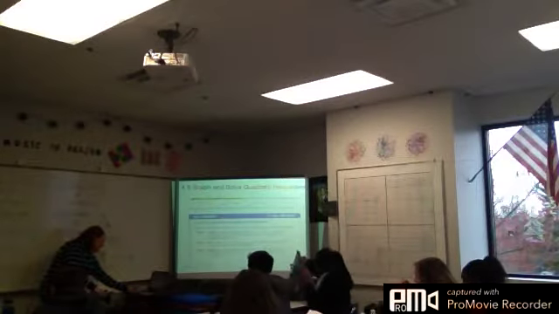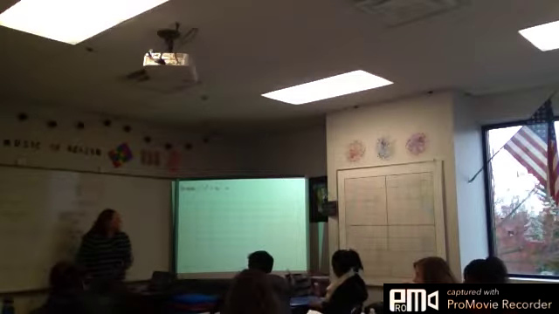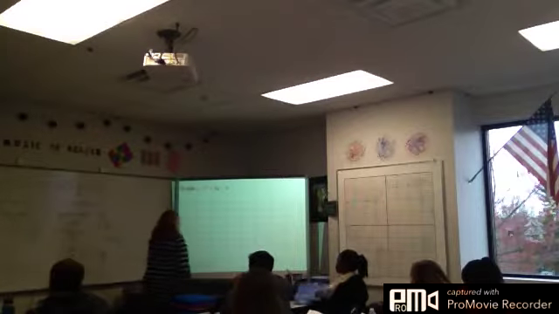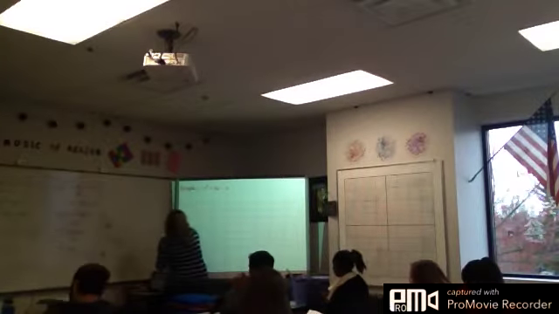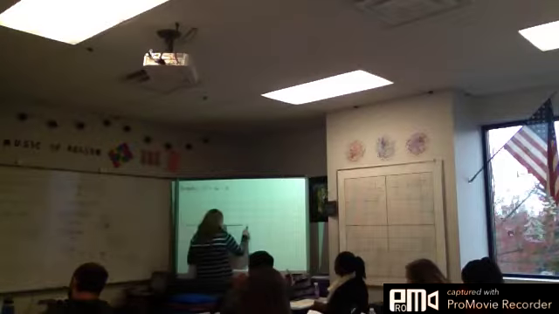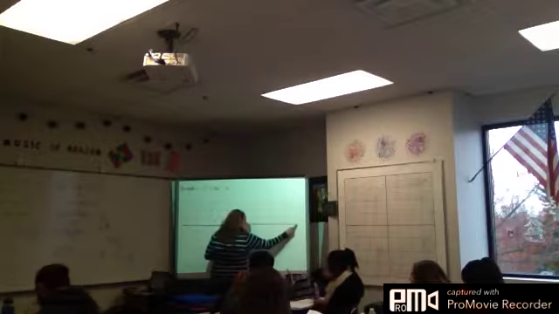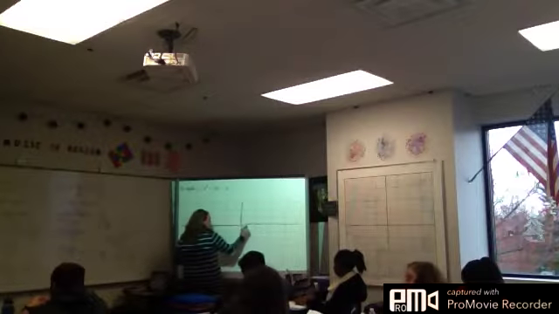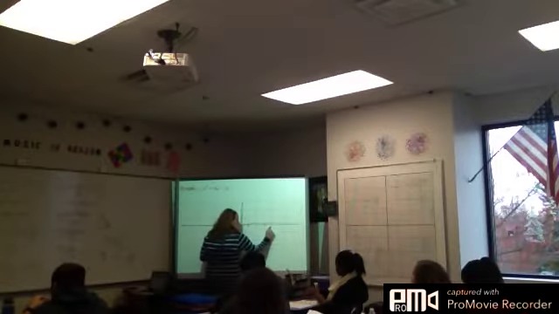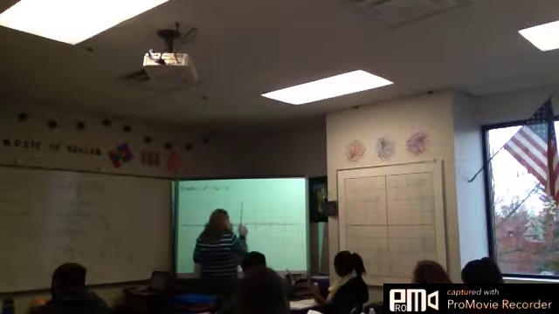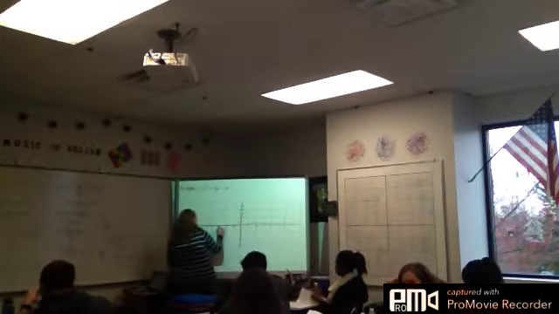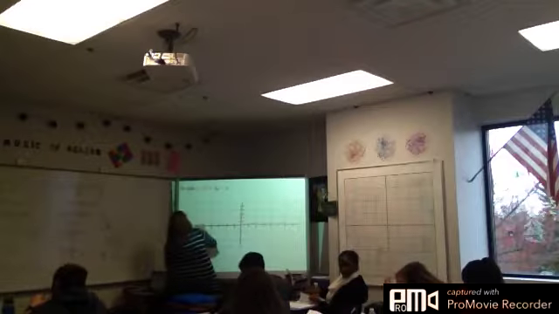Here it says graph y is greater than x squared plus 3x minus 4. If I want to graph this quadratic inequality, what do I first have to find? The vertex. How do you find the vertex when it's in this form? What form is it in?